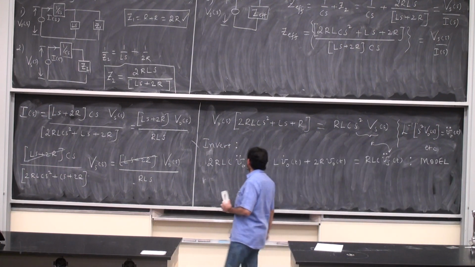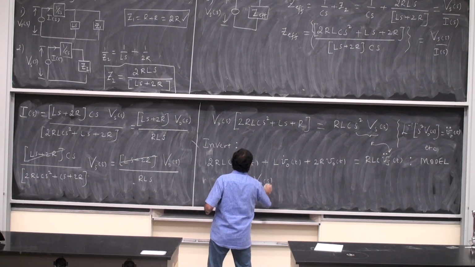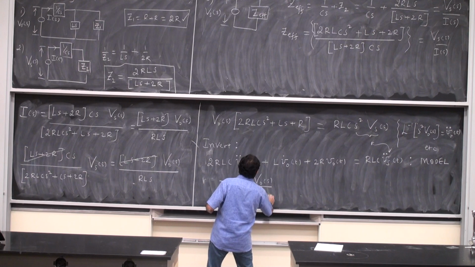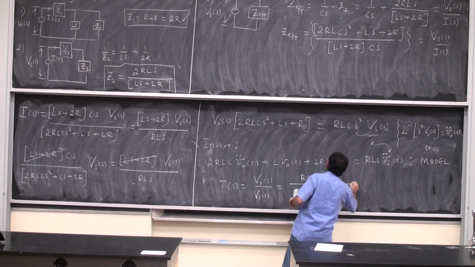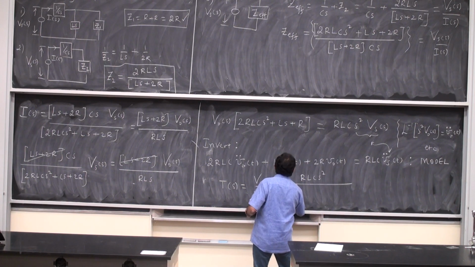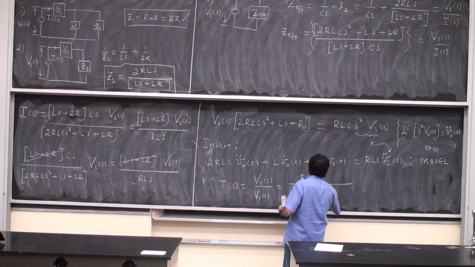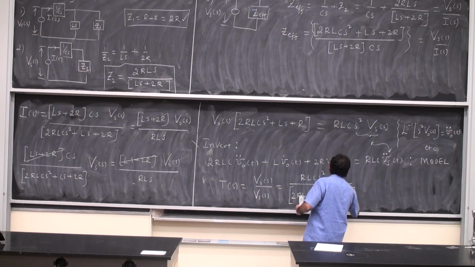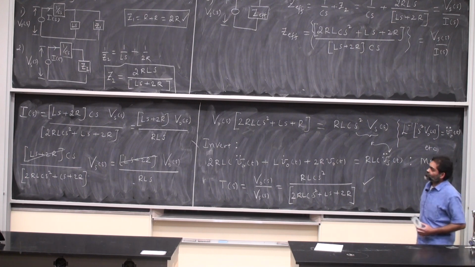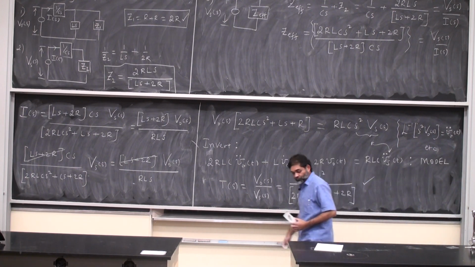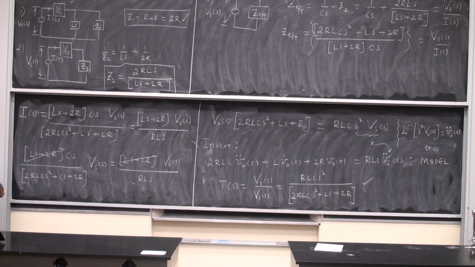The transfer function is just RLC s square by 2RLC s square plus L s plus 2R. This is the system transfer function. Numerator dynamics, s square.